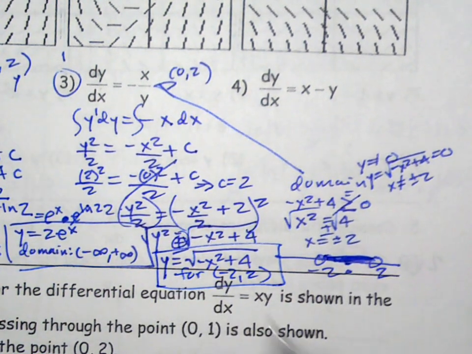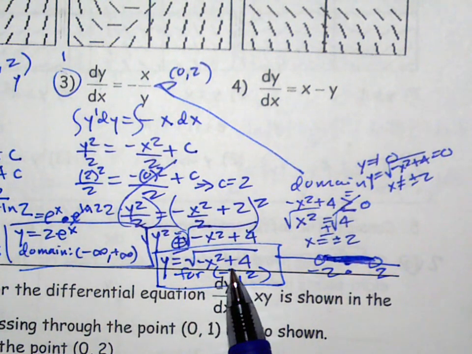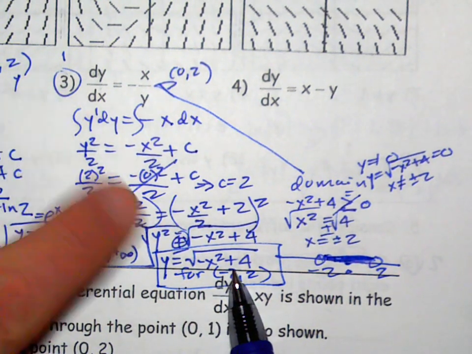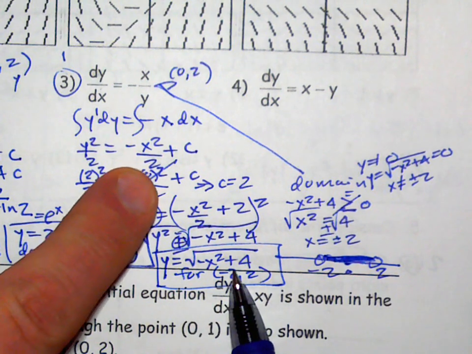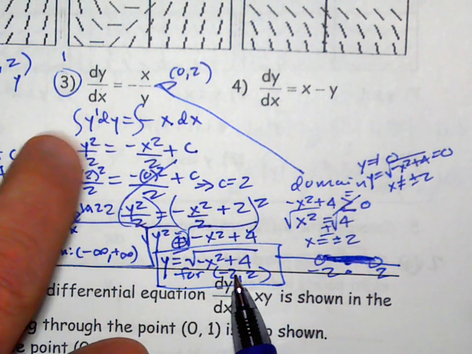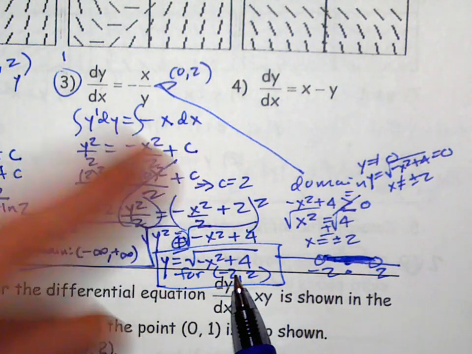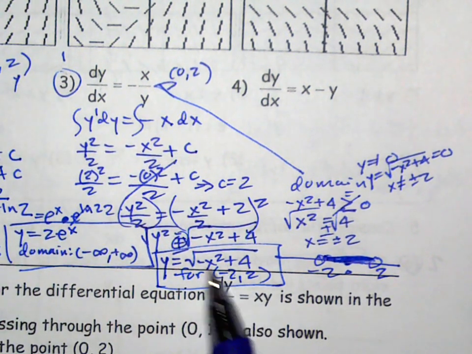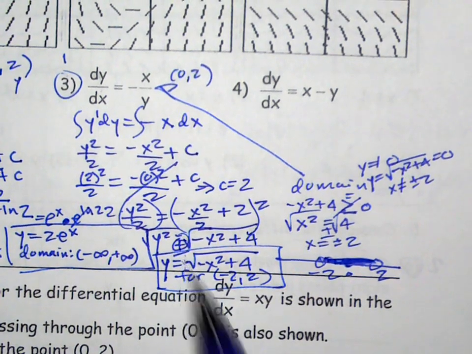Now we're looking for, what does this graph look like? Well, it might be easier to recognize if we move this over here. It'd be x squared plus y squared with the same coefficients equal to a constant. Those are circles. So this is the top half of a circle.